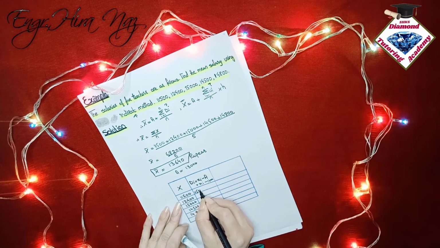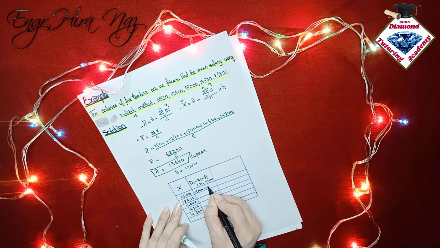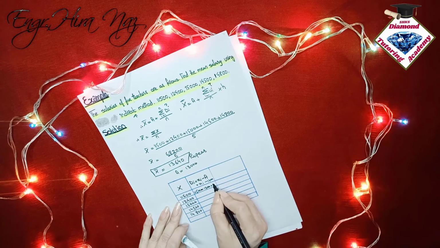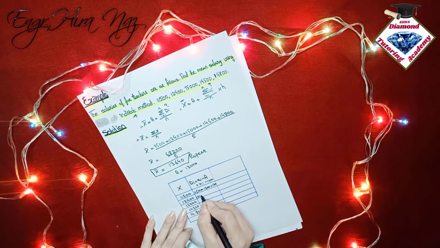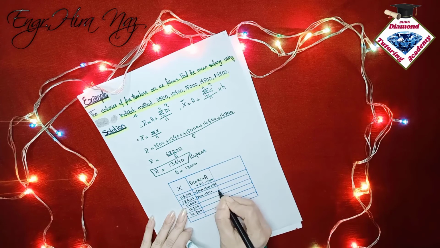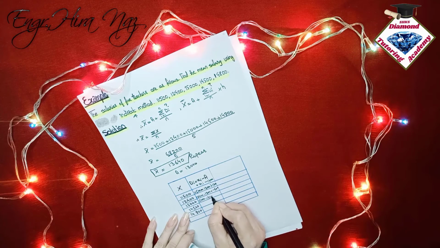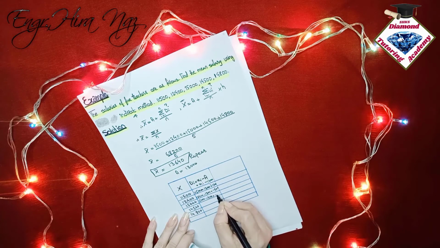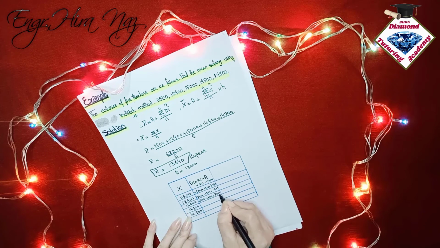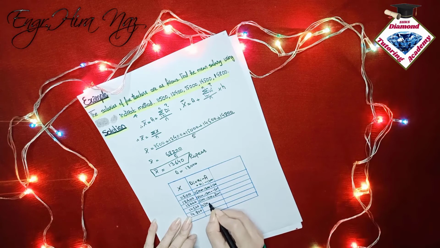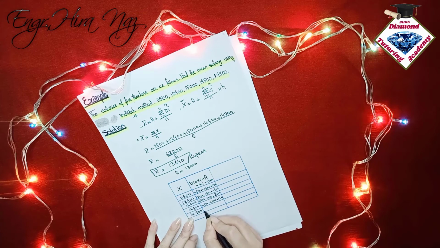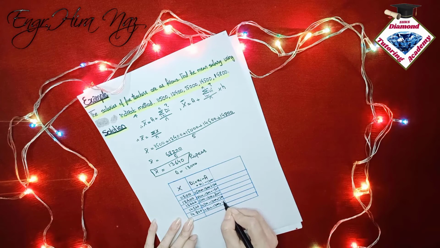So we will get minus 1500, minus 1500, minus 600, 2000, 1500, 1800.